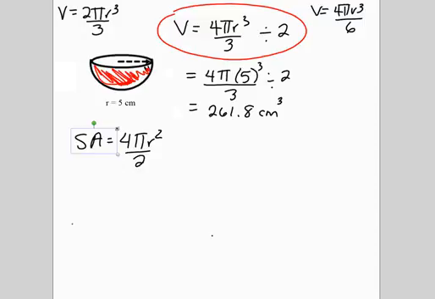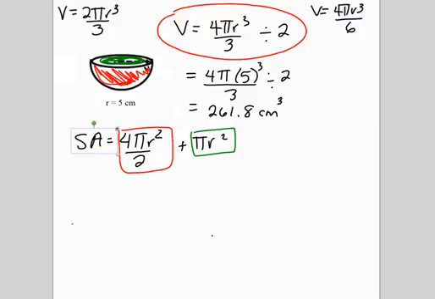But as soon as you cut this, you have created a new surface that was not there initially. So this part in green, this circle, is a new surface that you did not have in this formula. So this part is only the red shaded part. And then you have, what is that shape on top? It's a circle. So this part, this pi r squared, is the green shaded part.